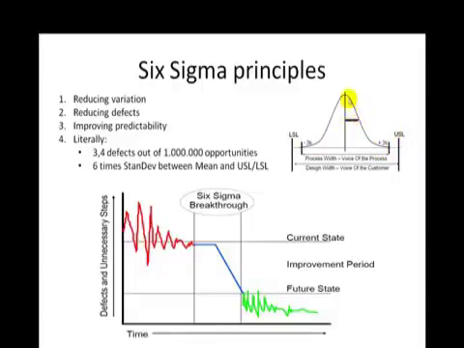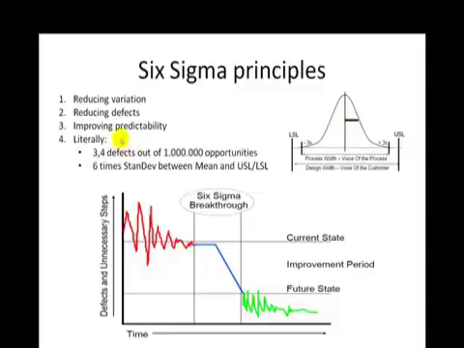The higher your variation, the more you are producing items or delivering services that are outside the specification of your customer. That means defects, means quality is bad, means you have too high costs. So this is what we are after, reducing the variation.